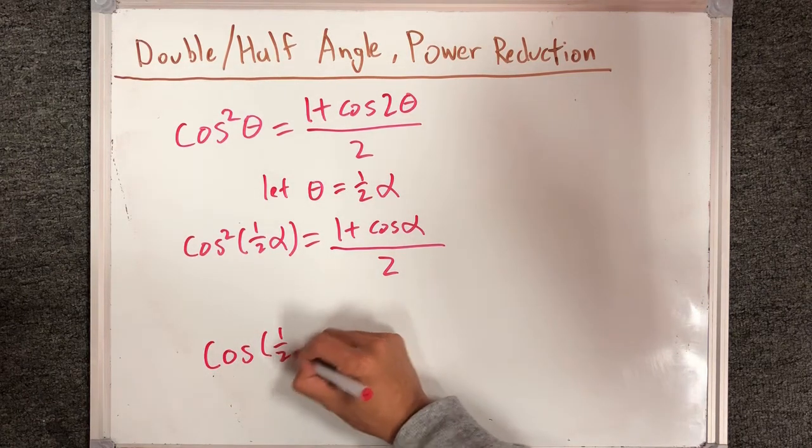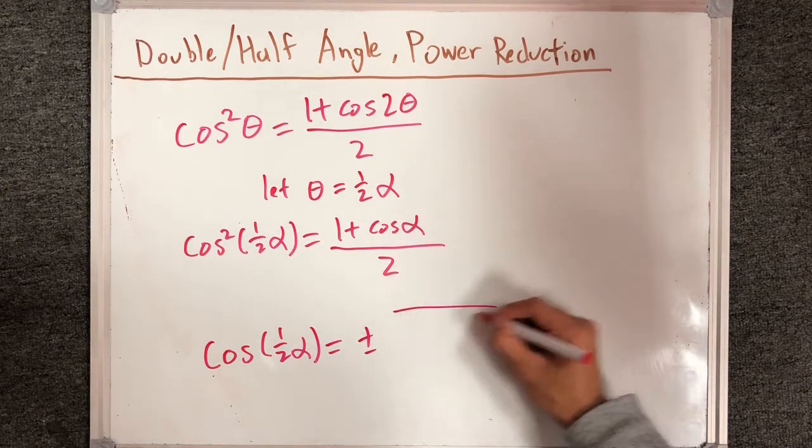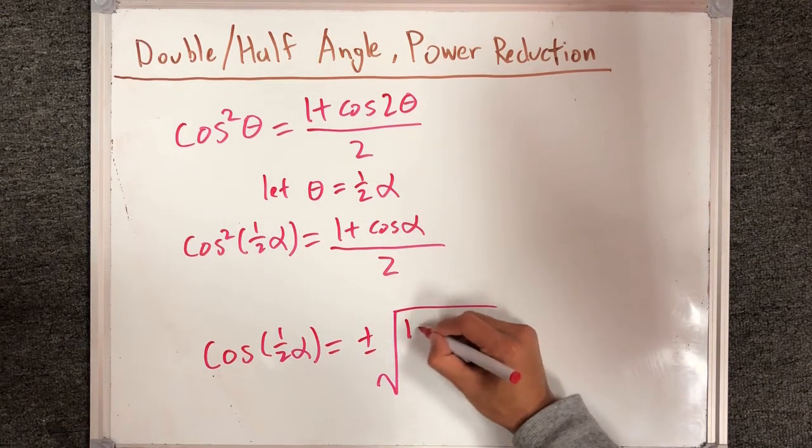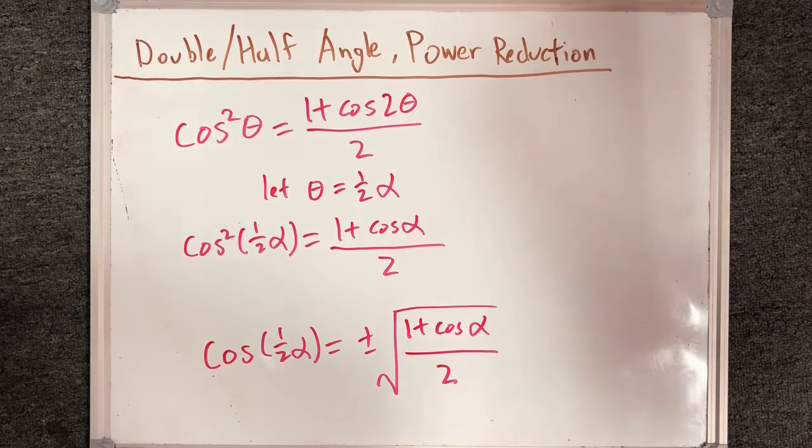So cosine of 1/2 alpha is plus or minus the square root of 1 plus cosine alpha over 2. We determine if this is positive or negative depending on what this angle is. If this angle is in the first and fourth quadrant, this will be a positive square root. If this angle is in the second and third quadrant, this will be a negative answer.